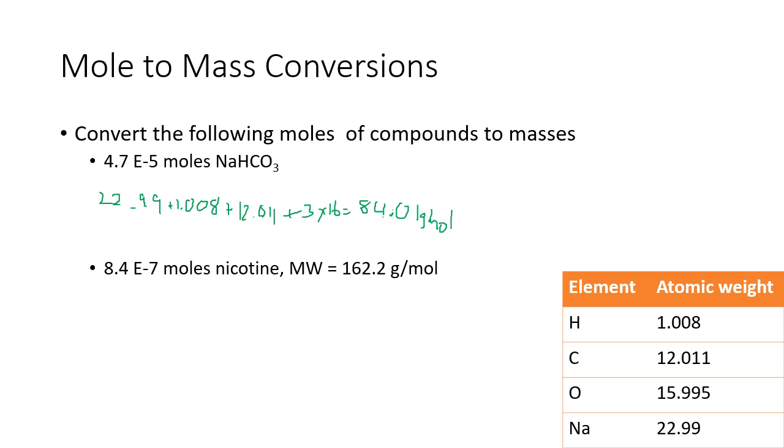All right. Now, in this case, we have moles to start with, so we can leave moles in the denominator. So we have our 84.01 grams per mole. Moles will cancel. And we take our 4.75 times 10 to the negative fifth and multiply that by 84.01.